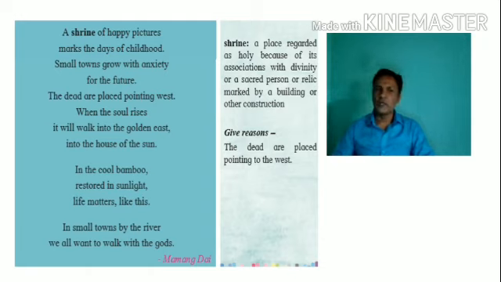It means that after suffering from all these scorching and harsh situations of life, at least his soul may get eternal peace in the heaven, as if the cool bamboo gets restored in the sunlight. And life matters like this. The principle of life is like this, like bamboo that is getting restored in sunlight.